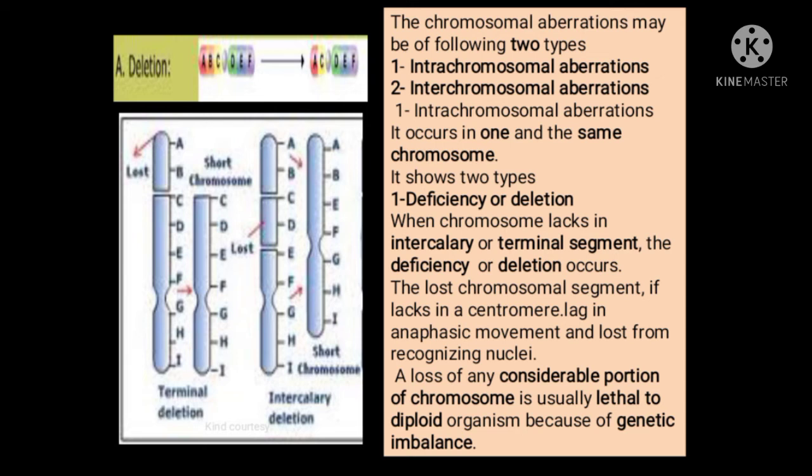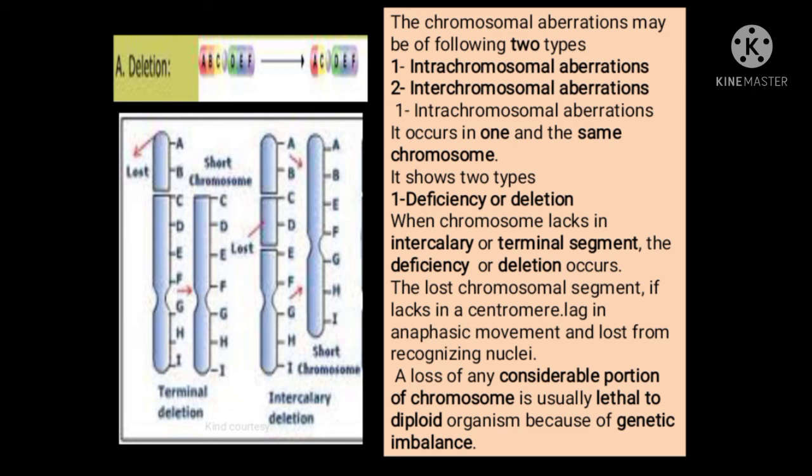First of all, we will see the intrachromosomal aberrations. It occurs in one and the same chromosome. It is of two types. First, the deficiency or deletion. When you observe the picture, when the chromosome lacks an intercalary or terminal segment, the deficiency or deletion occurs.